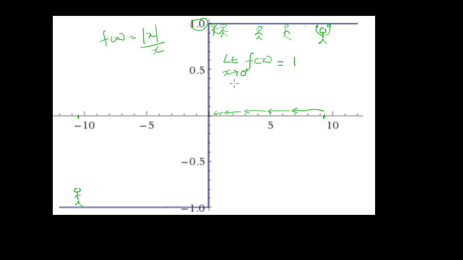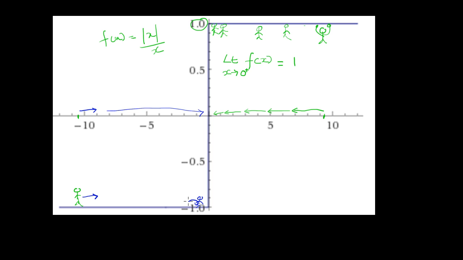Fine. Now let's see what happens here. Here there's a person, he is moving from here. He moves here as x moves to 0. So as x approaches 0, our person reaches here.